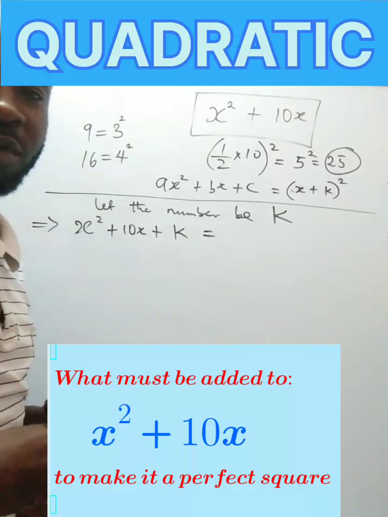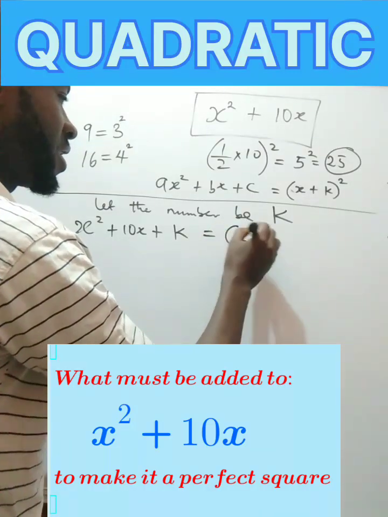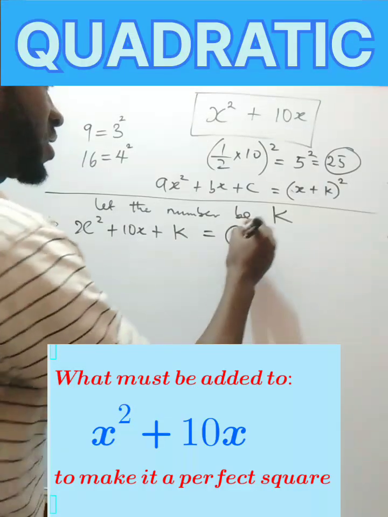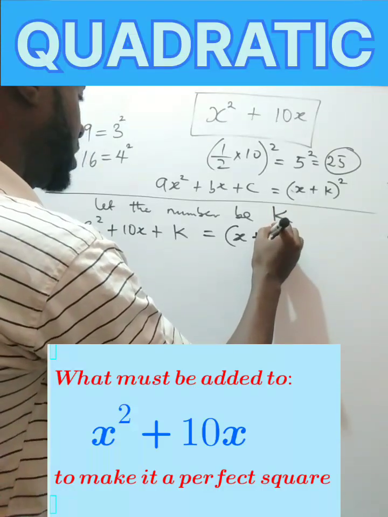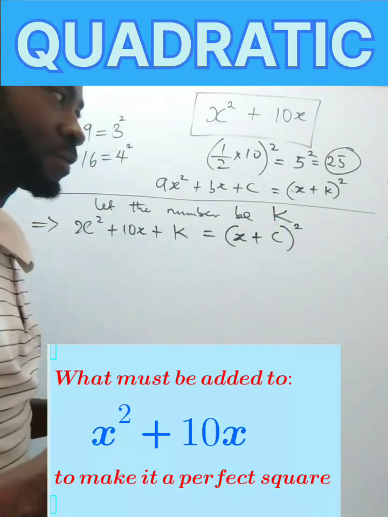For it to become a perfect square, it's going to be expressed as the square of one of its linear factors, which is x plus, let me use something else now, maybe c, squared.